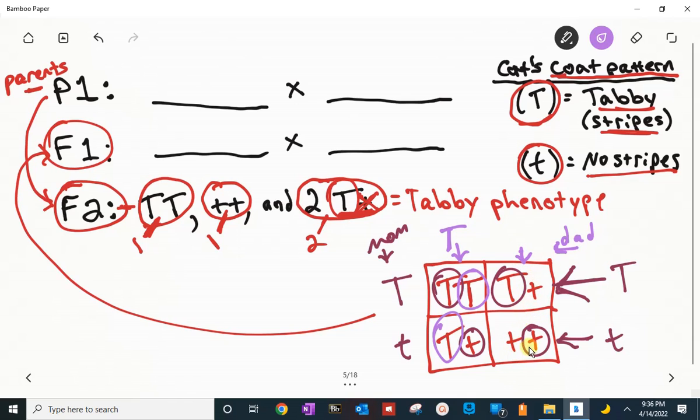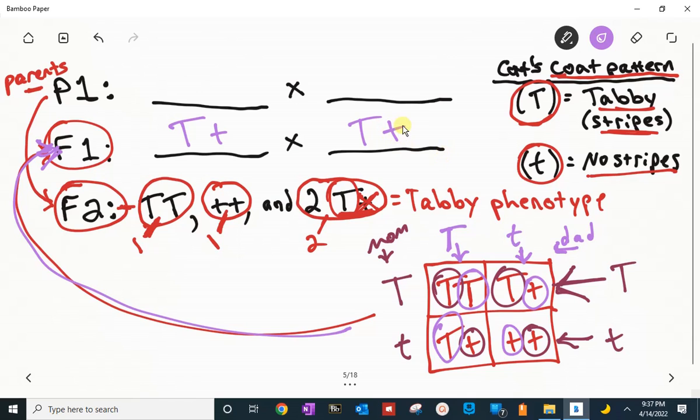And the allele that these two squares have in this column are the lowercase t's. So dad's going to have a lowercase t right there. So let's write this information up in the F1 spot. So the mom is going to have a capital T, lowercase t, and the dad is going to have a capital T, lowercase t.